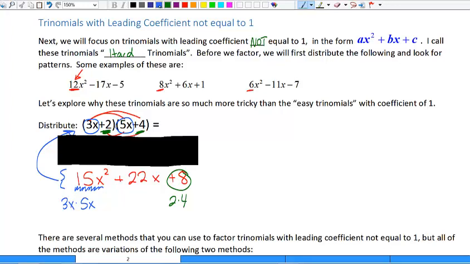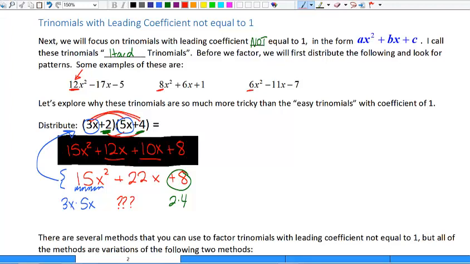So the thing that's a little bit tricky is the 22x. Where in the world did the 22x come from? Well, once I unblack this out here, you can see that the 22x came from the 12x and the 10x. But when I blacked that out, you couldn't see where it came from at all, right?